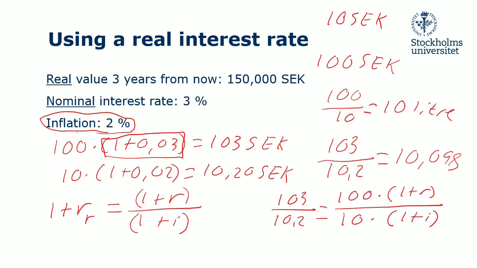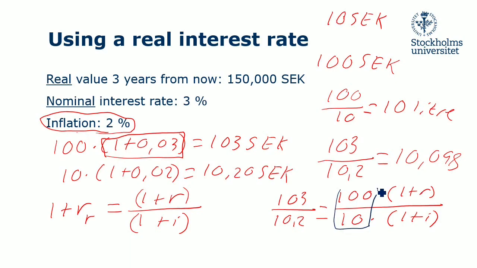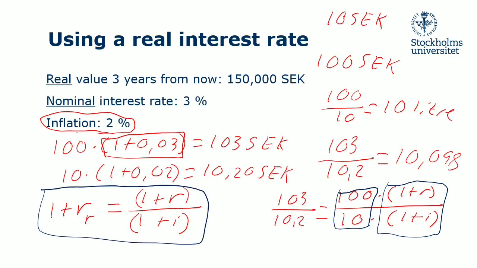So this part that we have here corresponds to how much we could buy before. We could buy 10 liters of milk. This part here corresponds to our increase in purchasing power. So how many more liters can we buy next year compared to what we can do today? So that's why I say that the increase in purchasing power is given by this formula. Okay, it looks like I'm running out a little bit of space to solve the exercise here.